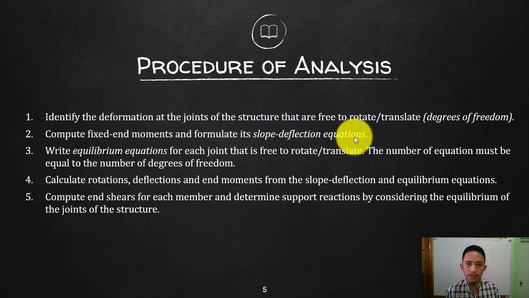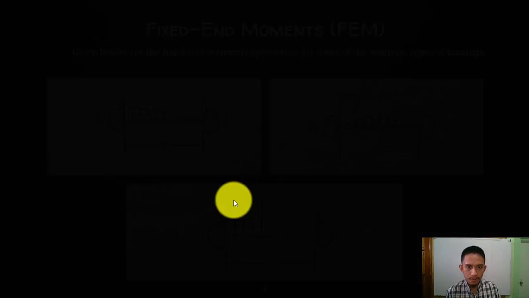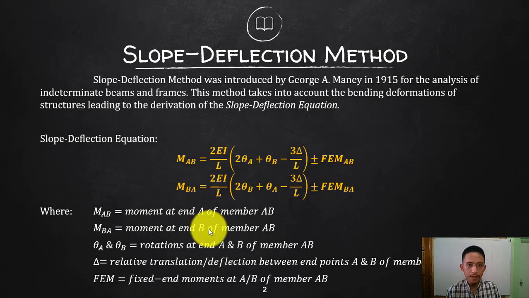These are your variables. So we will be calculating that here. Let's try to go back and look at the equation. Your variables are, for example, in this case, theta A, theta B, and delta. So it means we will be solving for these, and then once you have them, we will be solving now for your moments at the endpoints, or end moments, of your member.